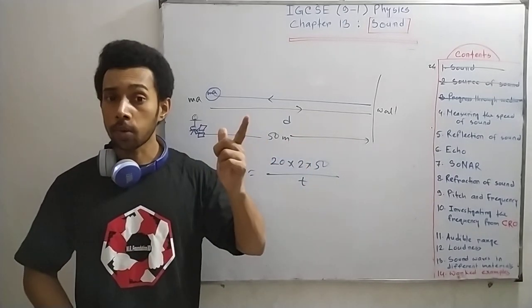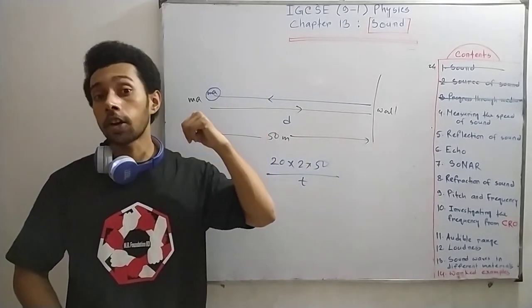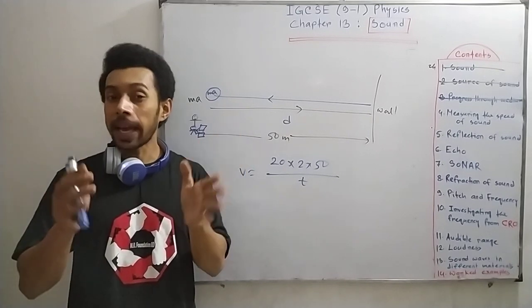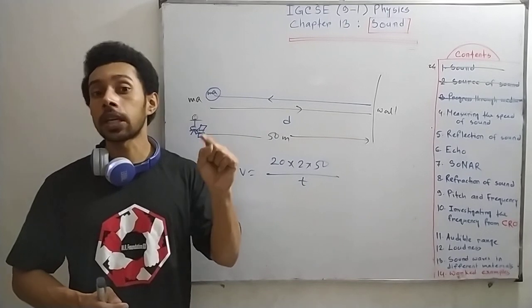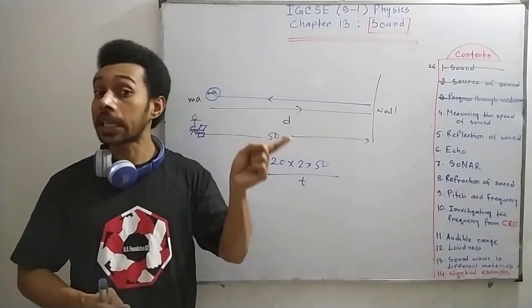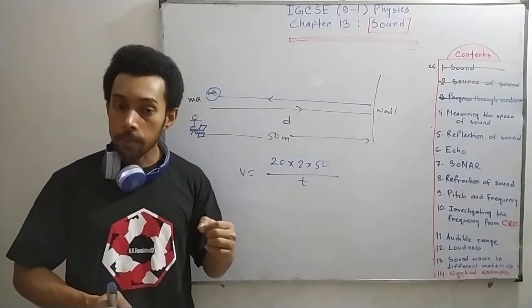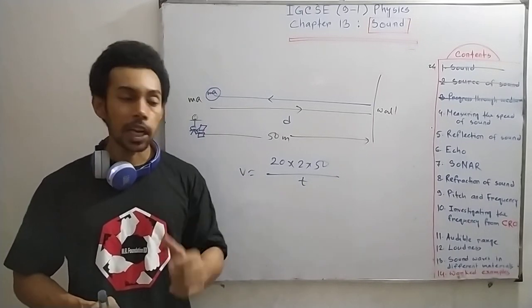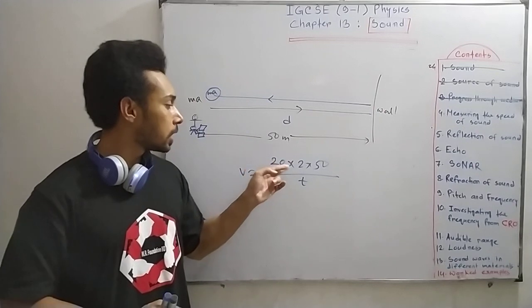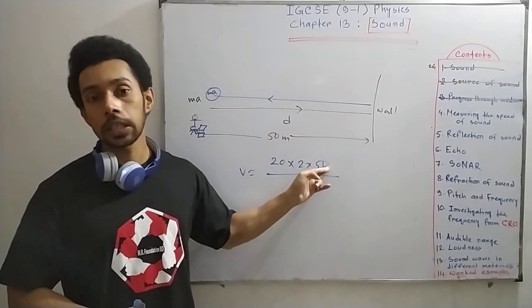Start the stopwatch when he or she first bangs the two pieces of wood together, and stop the stopwatch when you hear the 20th echo. And doing this, you have the time for the sound to travel 20 × 2 × 50 meters.